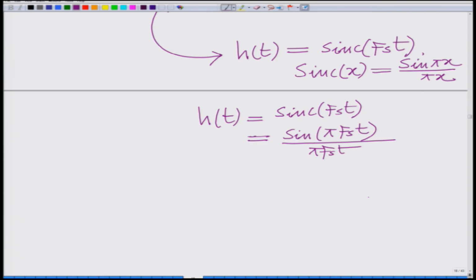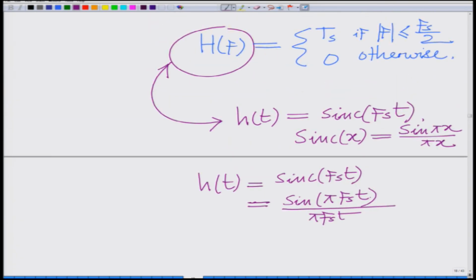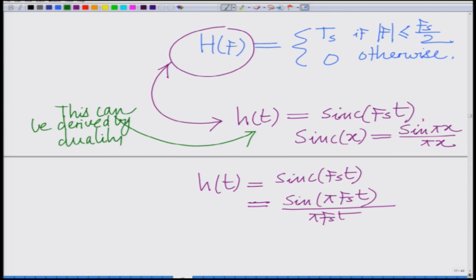This is the sinc function in the time domain, and it can be derived using the principle of duality.